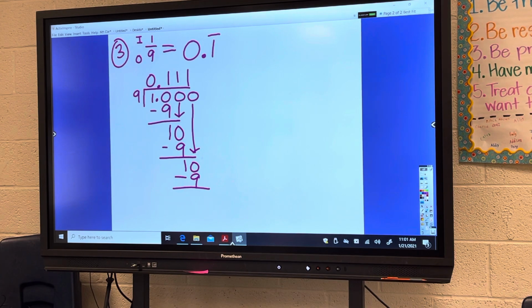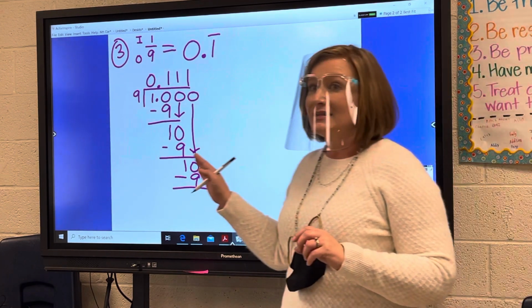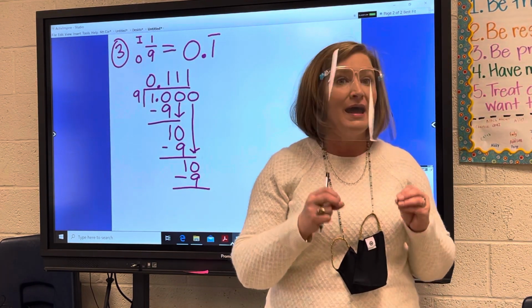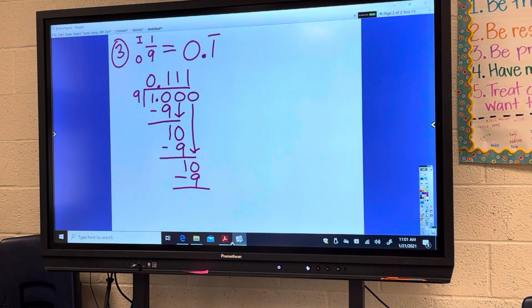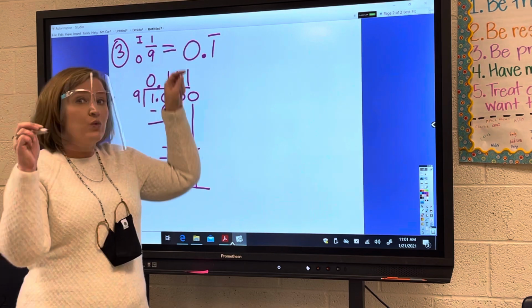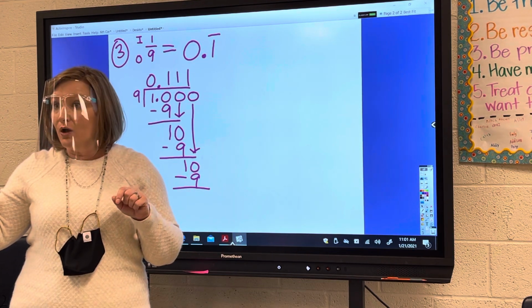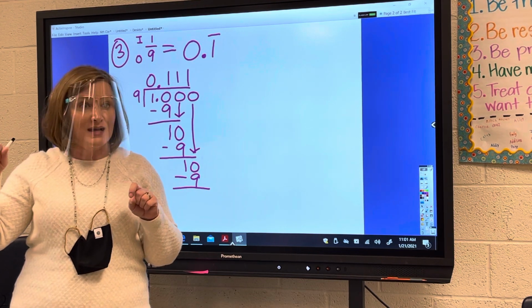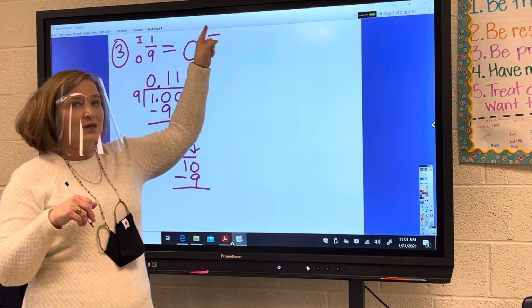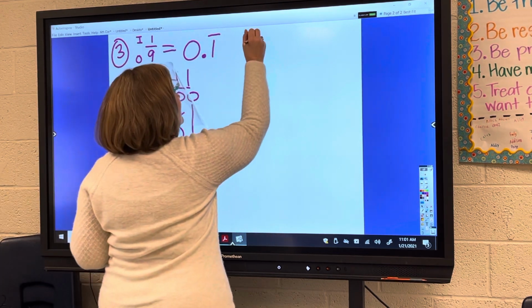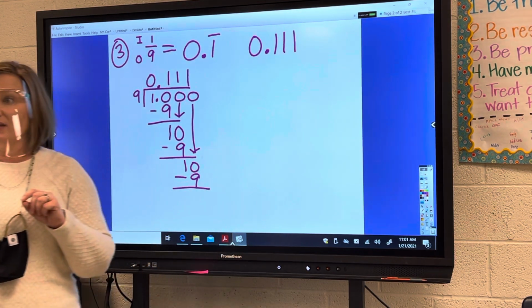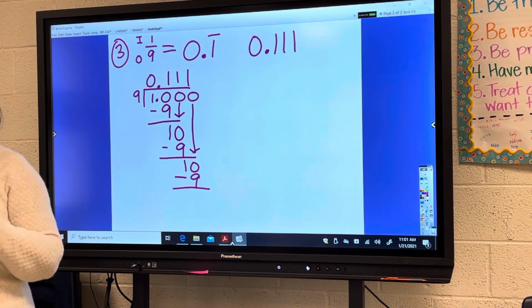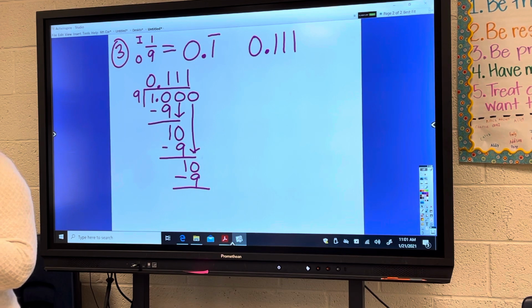But if you were doing this online at home, you can't put the bar. That's why I put 3 places after the decimal. You would put 1, 1, 1. Okay? Does that make sense?